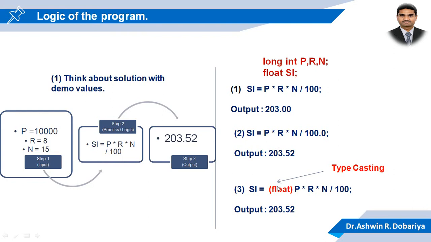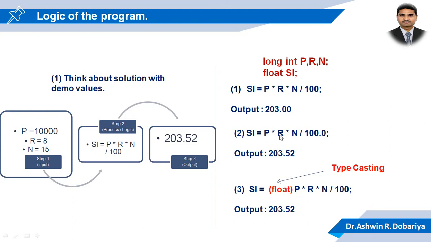So just for your understanding, explicit means we explicitly mention the data type, right? But implicit means by default. So if one operand is float, then the compiler will automatically convert the other operands to float. In technical words we can say the compiler will automatically promote the data type from integer to float.